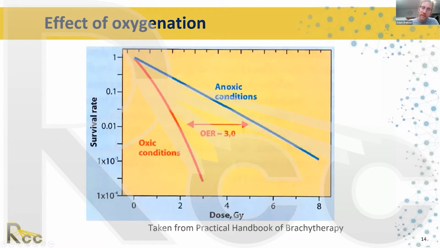So we want to fractionate to increase blood flow, increase oxygen, and make more oxic conditions, high oxygen levels in the tumor, and make it more radiosensitive. Again, the survival curve is here, dose here. With a smaller amount of dose, you're able to kill a lot more oxic tumor cells than anoxic.